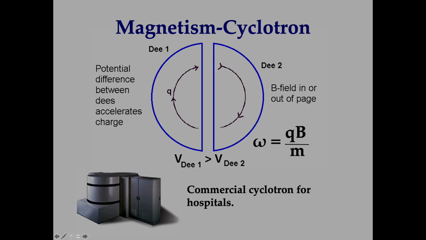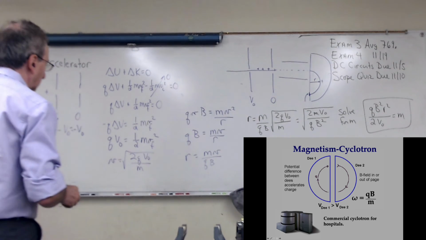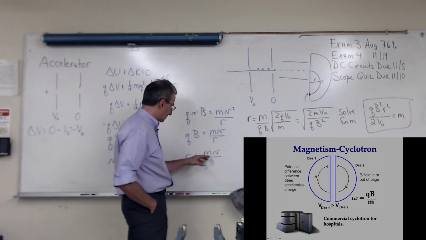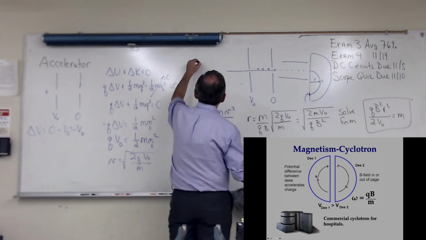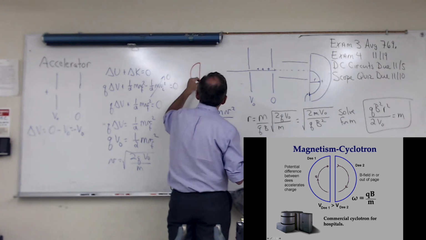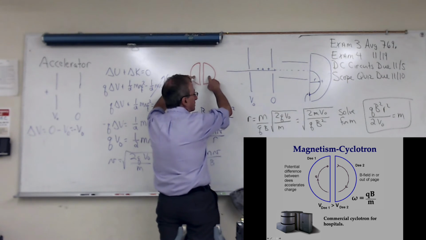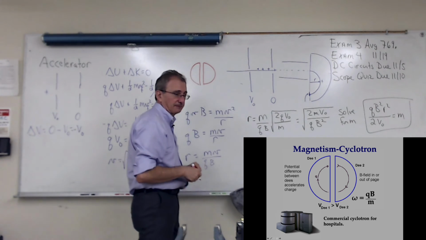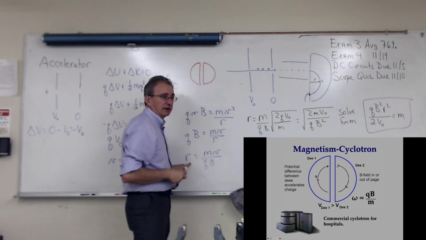okay? And what happens is R gets bigger because it goes faster. Because it goes faster, every time it crosses one of the Ds, because these are two different potentials, it accelerates. And so as V gets bigger, R gets bigger.